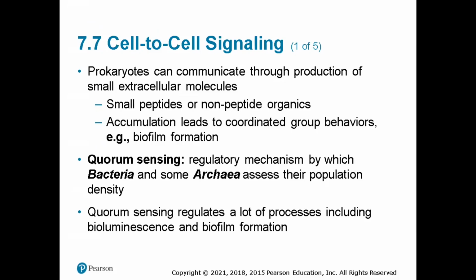Prokaryotes can communicate through production of small extracellular molecules, small peptides or non-peptide organics. Accumulation leads to coordinated group behavior, such as biofilm formation. Quorum sensing is a regulatory mechanism by which bacteria and some archaea assess their population density.